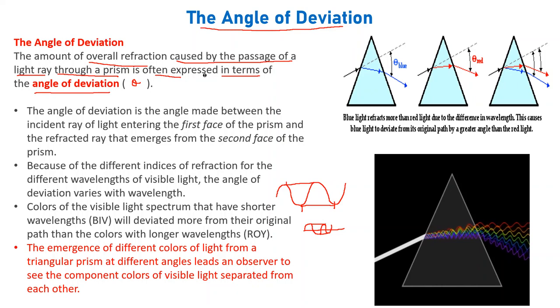Red light deviates less. You can see here, this is my incident ray, right? And see the red light, how much it deviated. And see the blue light, or let's make it purple light. The deviation of purple light is more as compared to the deviation of red light. So the deviation depends upon the wavelength of light, right?